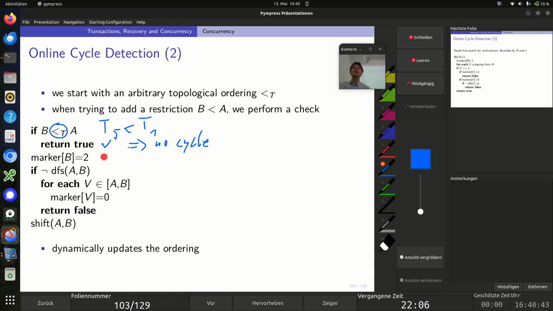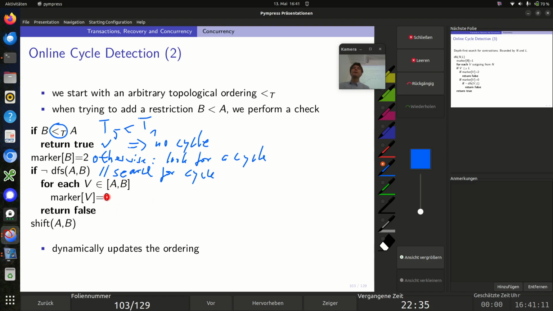Otherwise, let's look for a cycle, and then we do a search for a cycle.